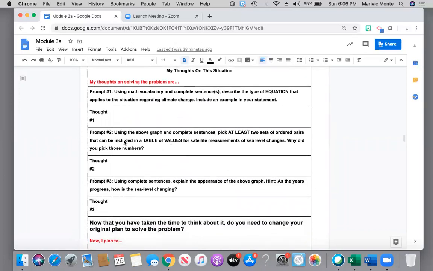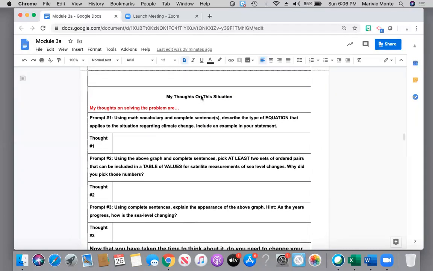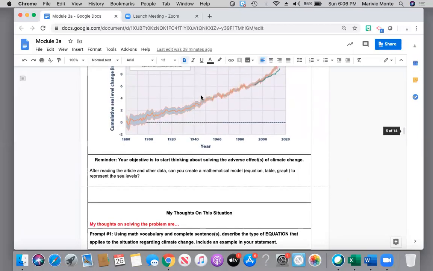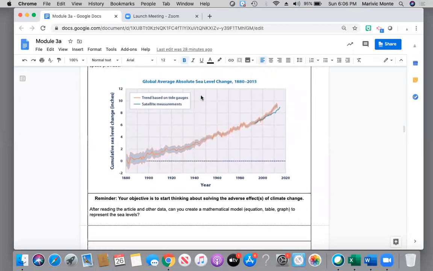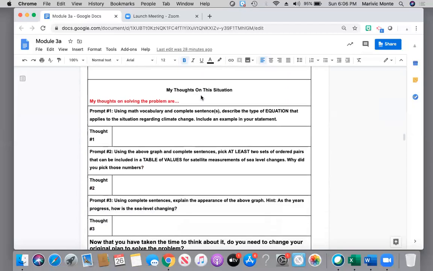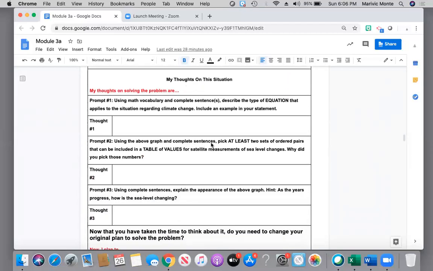Moving on, you have number 2, using the above graph, this graph, the real world graph. You will now complete the sentence, and it says pick at least 2 sets of ordered pairs that can be included in a table of values for satellite measurements of sea level changes.